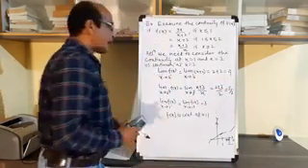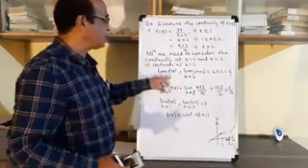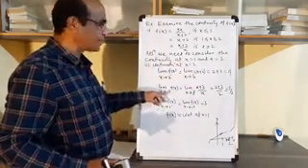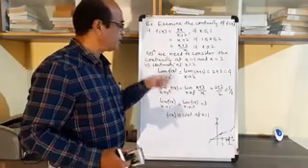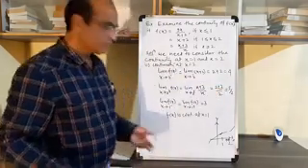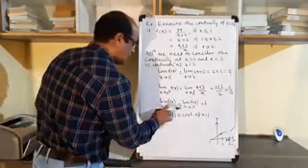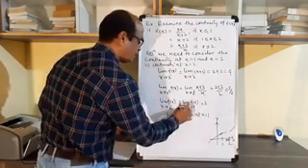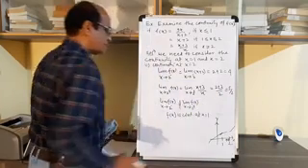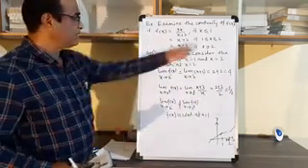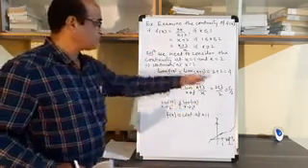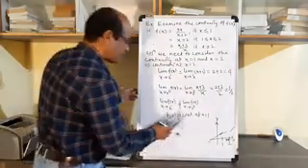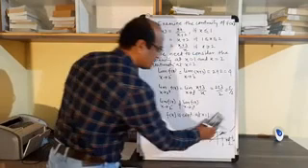At x is equal to 2, left hand limit is 4 and right hand limit is 5 by 2. So left hand limit is not equal to right hand limit. Therefore f(x) is not continuous, or discontinuous.